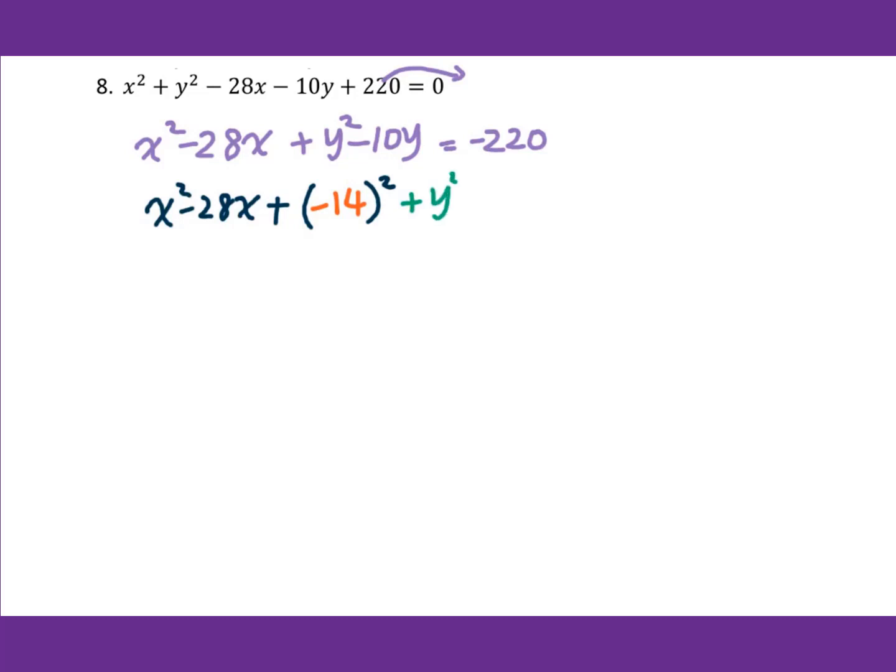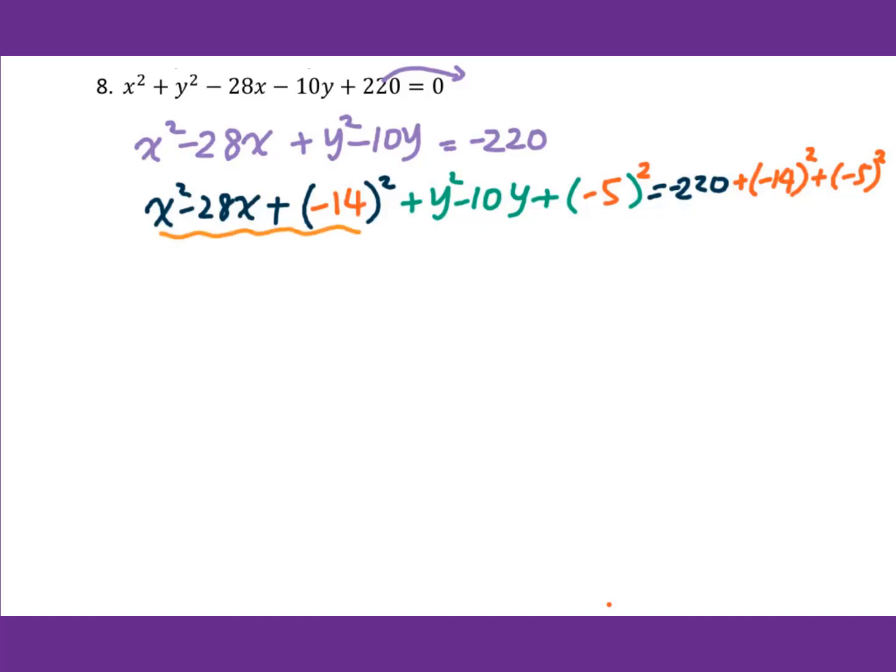Then we go to y squared minus 10y plus b over 2 squared, that will be negative 5 squared, equals negative 220 plus negative 14 squared, then plus negative 5 squared. So we can form completing squares for these 3 terms. We got x minus 14 squared plus, for these 3, we got y minus 5 squared.